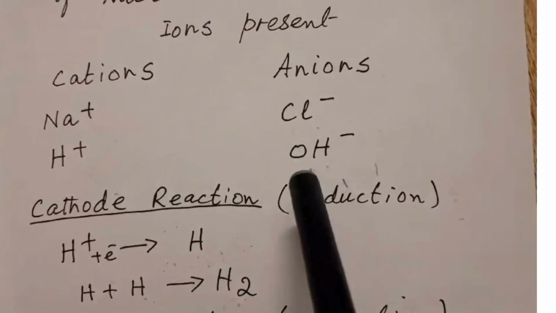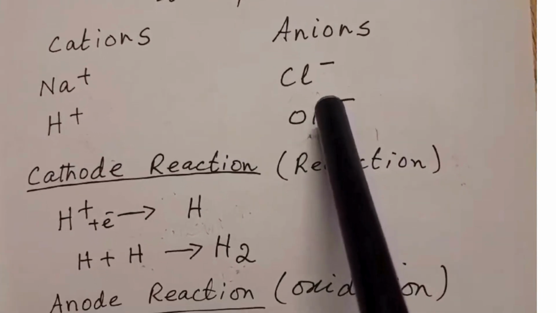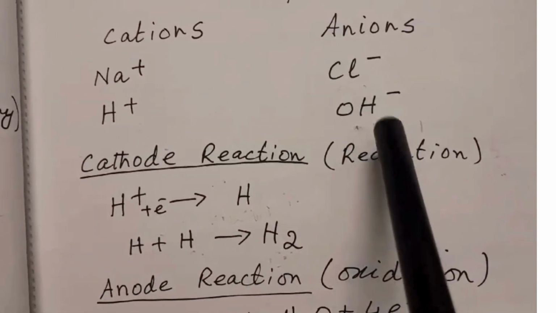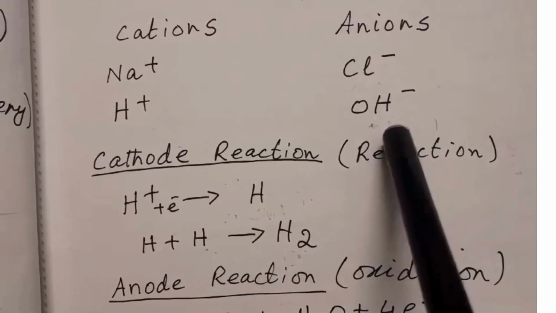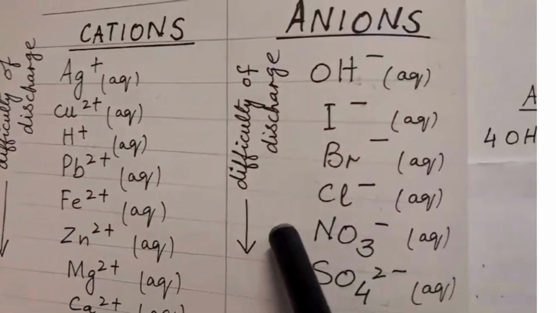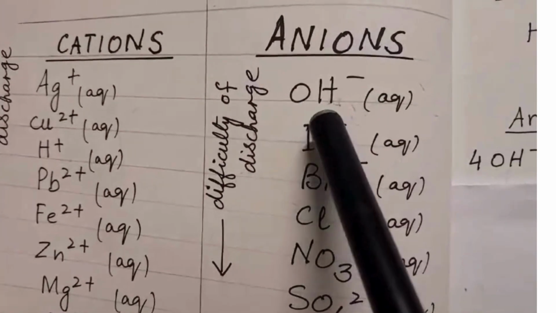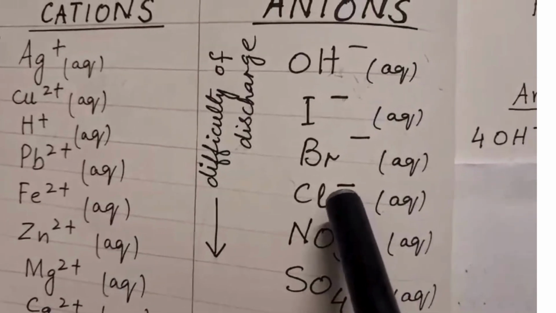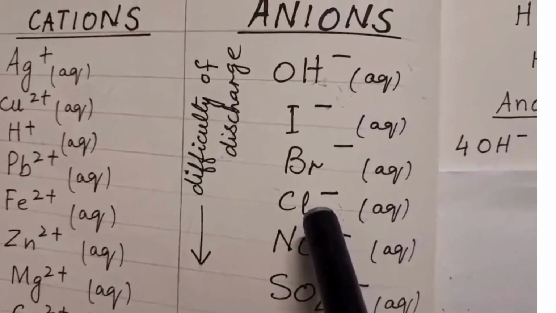Now we have two types of anions, chloride ion and hydroxide ion. Now we see which one of these anions is going to get discharged. We see the position of these anions. The OH- ion is at the top; it is the easiest to get discharged, and the chloride ion at fourth position is difficult to get discharged.